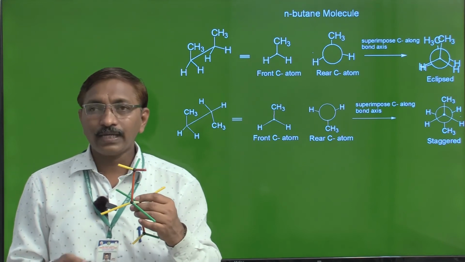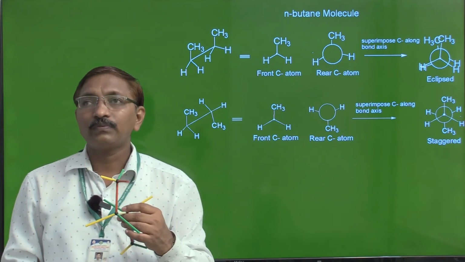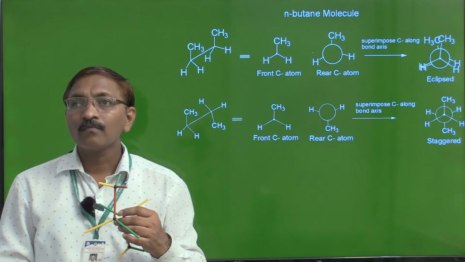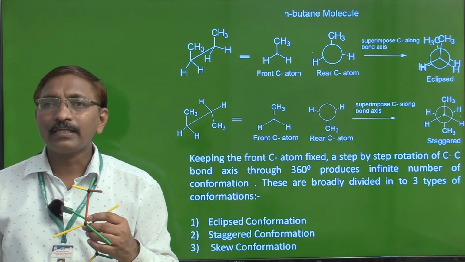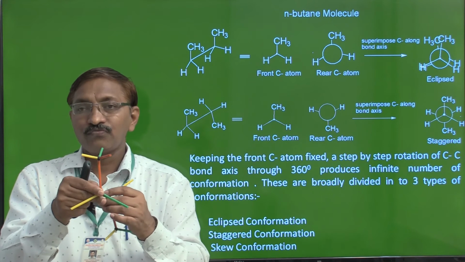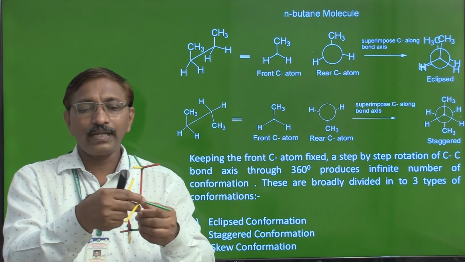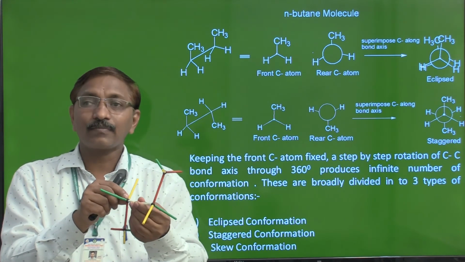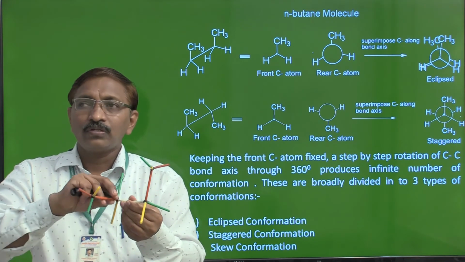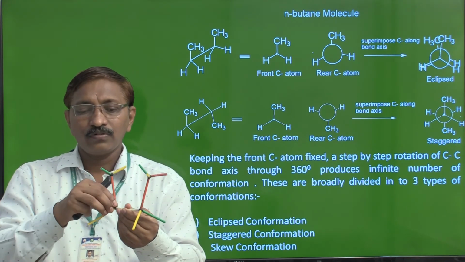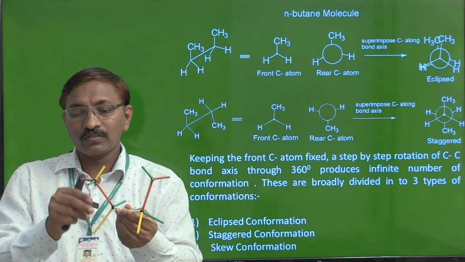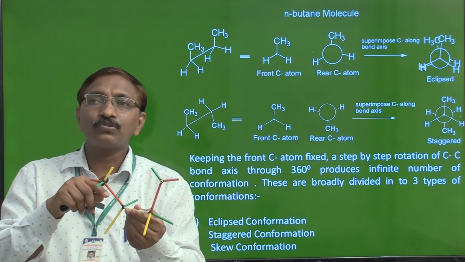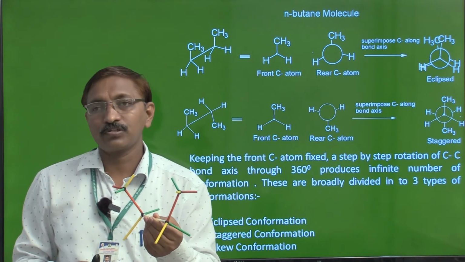So here we can represent the molecule in this way. Now, by keeping the front carbon atom fixed and rotating the rear carbon atom through different angles from 60 to 360 degrees, we observe an infinite number of conformations.